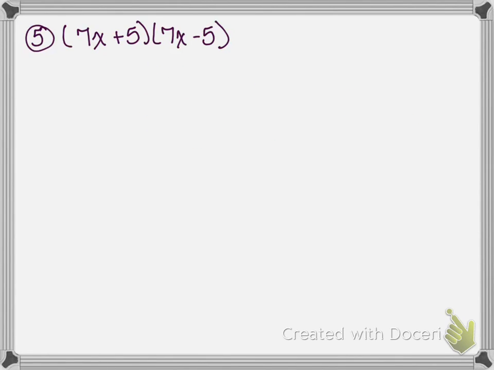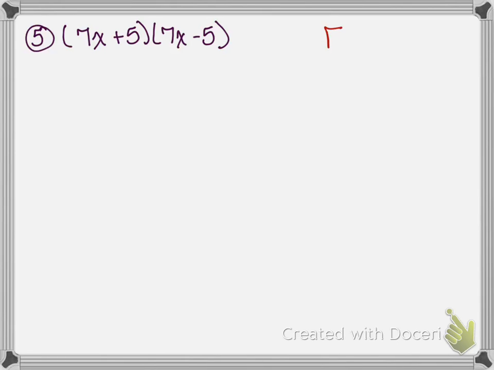Okay, our next one, we FOIL again. We've got a binomial times a binomial. You might have figured out that this is a difference of perfect squares. I've got 7x plus 5 and 7x minus 5. That's the difference of perfect squares, and that would matter if we were factoring. We're not factoring, we're multiplying here.